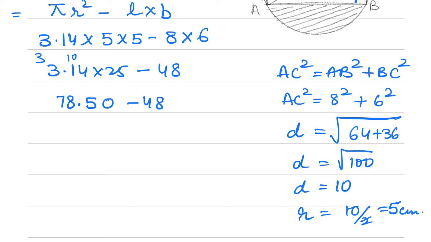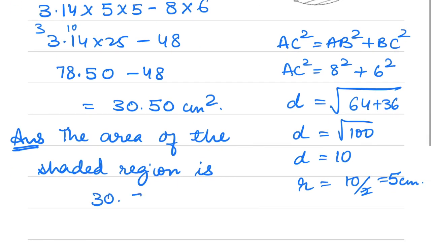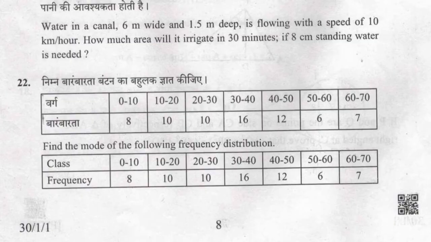So we get 30.50 centimeter square. So the answer, the area of the shaded region, is 30.50 centimeter square.